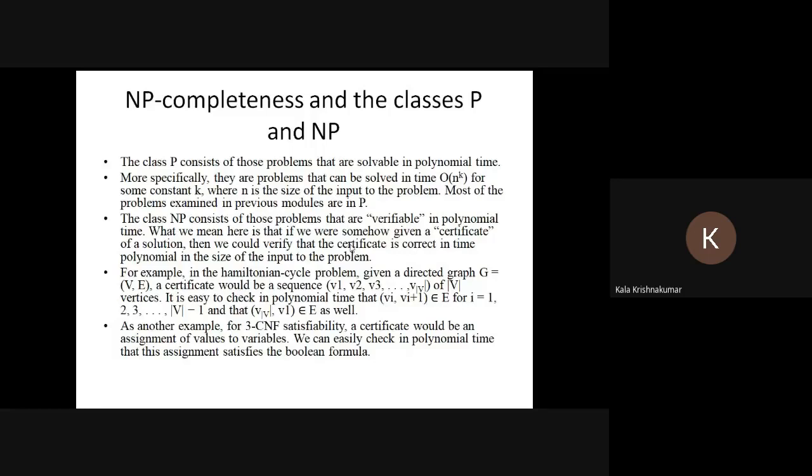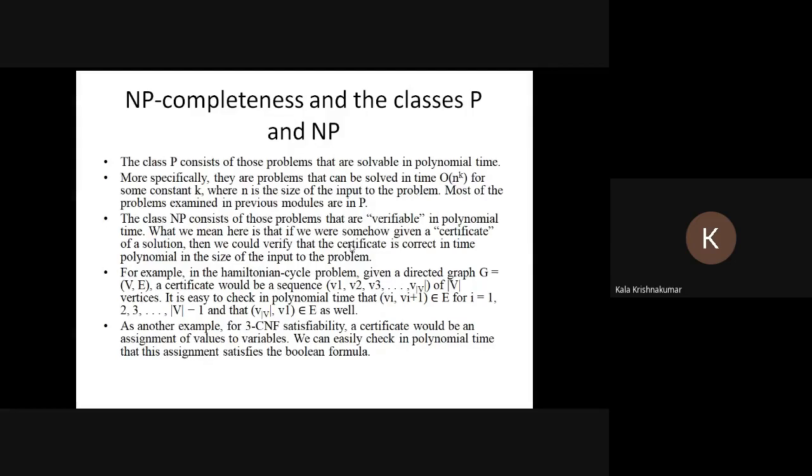We are not solving the problem as such, but suppose somehow we get a certificate or a possible solution. Somebody gives me a possible solution, that is known as a certificate. For example, in the case of a traveling salesman's problem, suppose somebody gives me a tour.